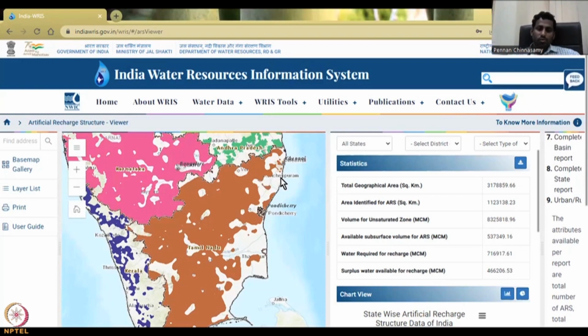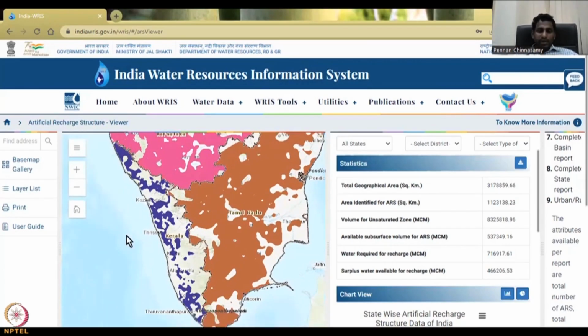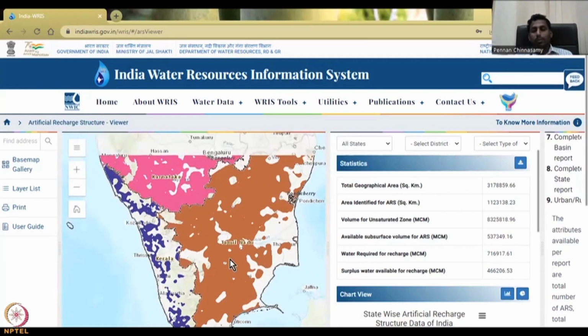So you could see, why doesn't Kanchipuram have an ARS? Maybe they didn't put it. There was not enough budget, or they didn't need it because they were near to other water providing areas. Similarly, in Kerala, you could see a lot of pockets which don't have any structures, right?